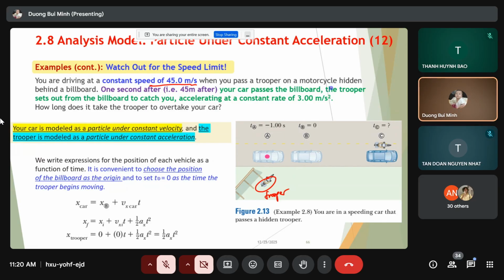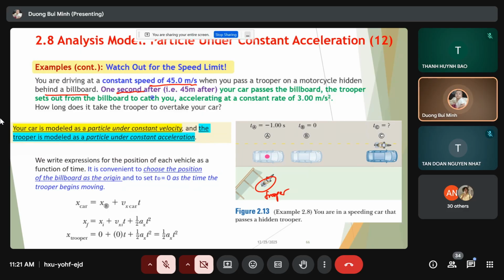He is behind a billboard, like a Vietnamese policeman, right? And then I guess he is measuring the speed of your car. Yeah, it's a funny story in Vietnam.